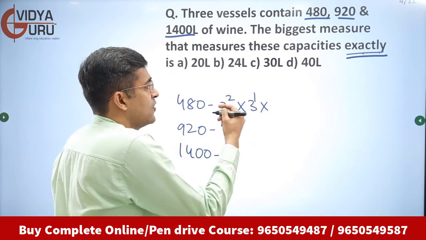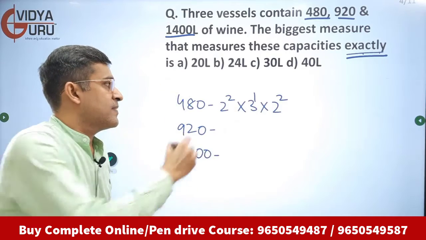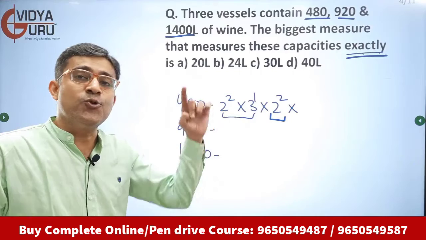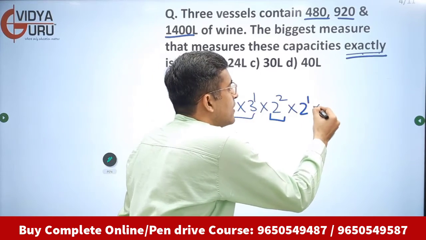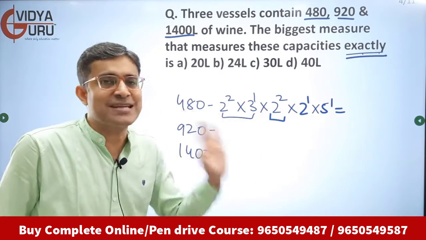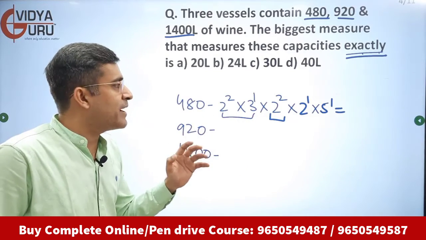And 4 is again written as 2 square. 12 fours are 48. 48 into 10. So 10 is now written as 2 raised to power 1 into 5 raised to power 1. I'm just telling you how to make it simple. Otherwise, you can keep dividing and things will remain complex.